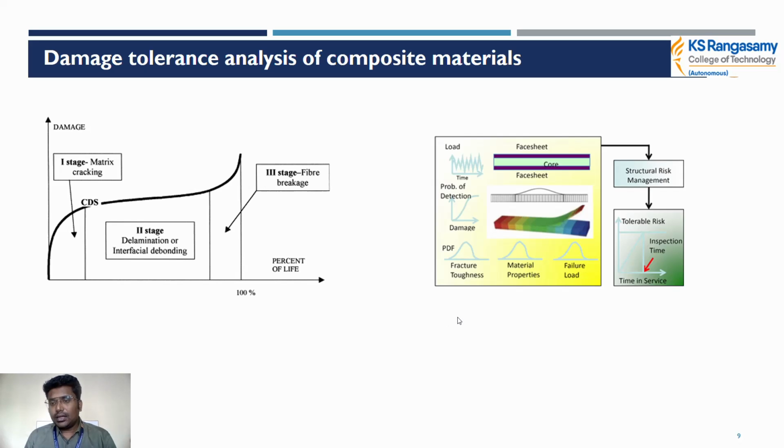The next is the tolerable risk and inspection time based on the time in service. So there are three stages in damage tolerance. Stage one is matrix cracking, the second stage is delamination and interfacial debonding, and finally the stage is fiber breaking. So this is the damage tolerance curve for the composite material.